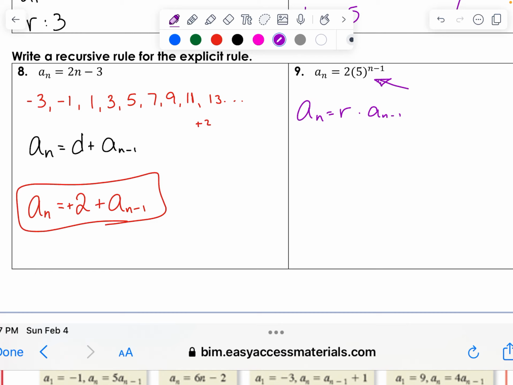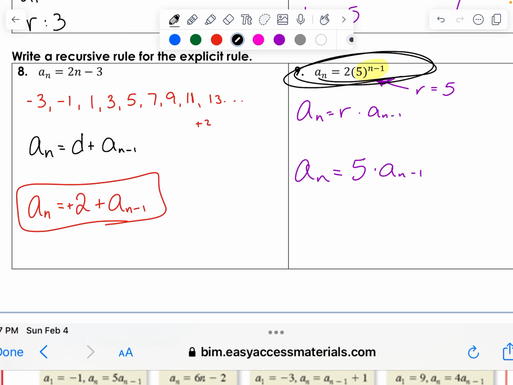Here it looks like my rate is 5. The base of this power is 5. So my sequence would be 5 times whatever that previous term is. And if I were to list out these terms, if I did the first term, 5 to the 0 power, 1 minus 1, 5 to the 0 would be 1, 2 times 1 is 2.